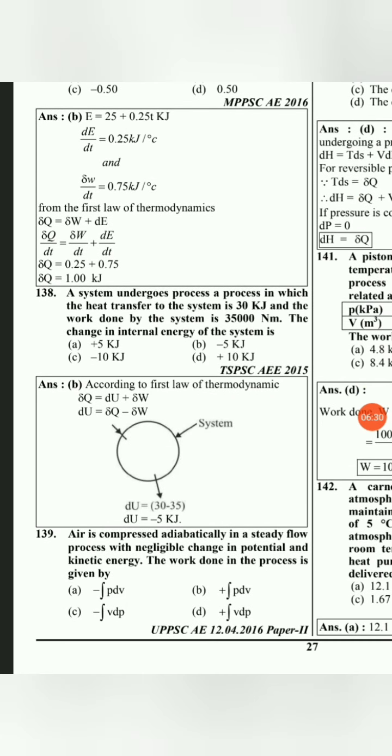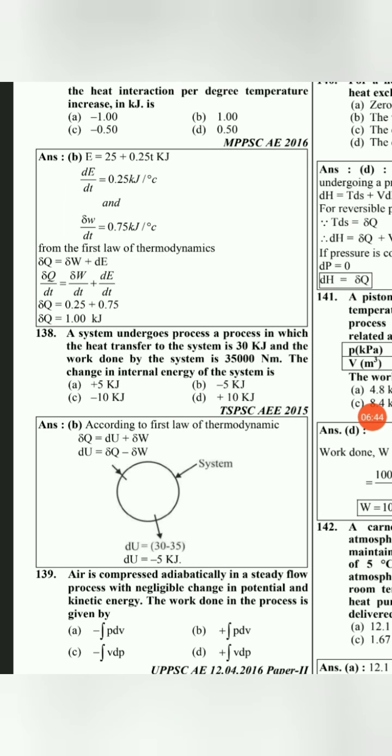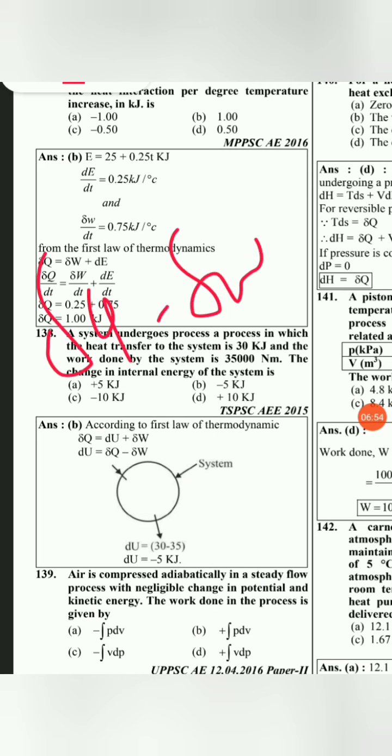Then the next question for today's lecture: a system undergoes a process in which heat transfer to the system is 30 kilojoule and work done by the system is 35,000 Newton meter. Find the change in internal energy of the system. Again we have to use the first law of thermodynamics, that is delta Q is equal to dU plus delta W, or delta Q minus delta W is equal to dU or delta U. Here heat transfer to the system is positive, it is 30 kilojoule.